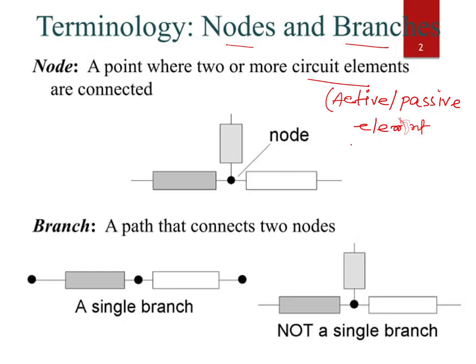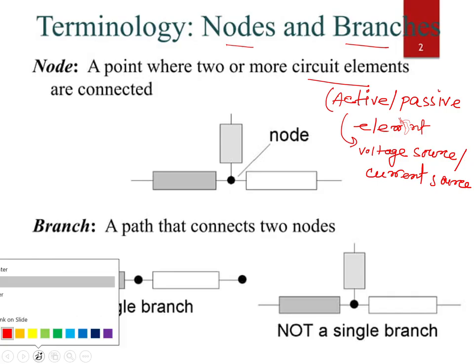Now active element means this is either a voltage source or current source. Okay, it may be AC, maybe DC.